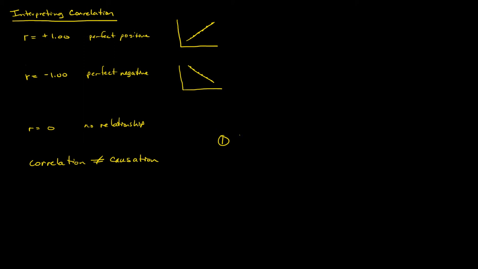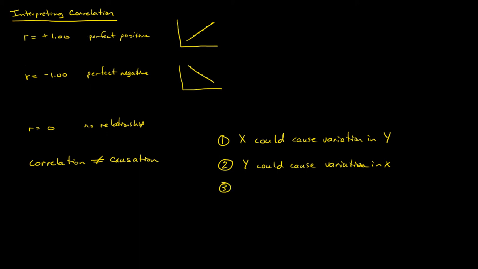One, X could be causing the variation in Y. So X could cause the variation in Y. Two, Y could cause variation in X. Or you could have the third option, a third factor.